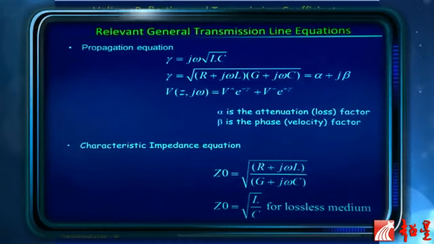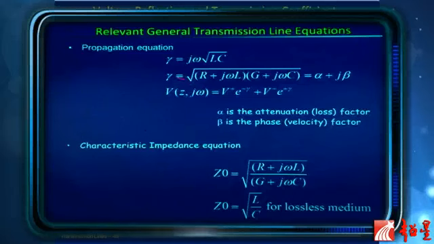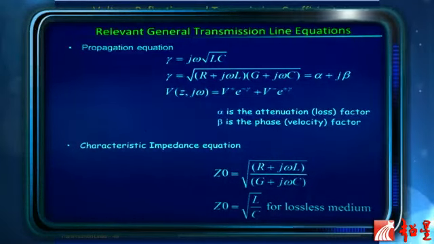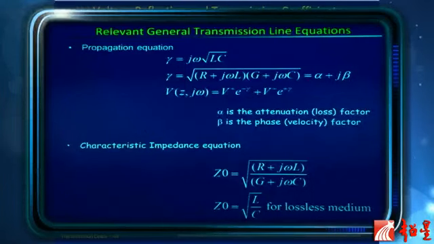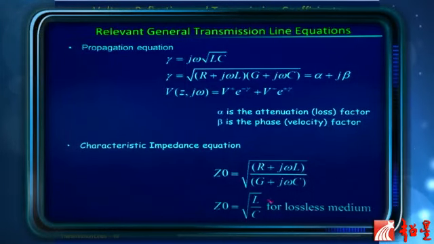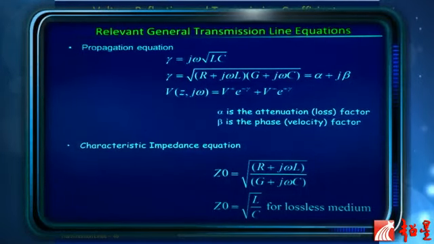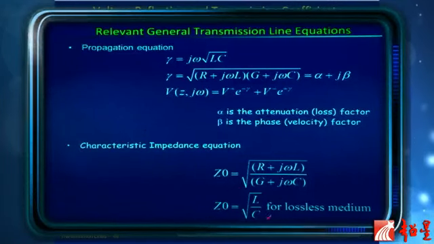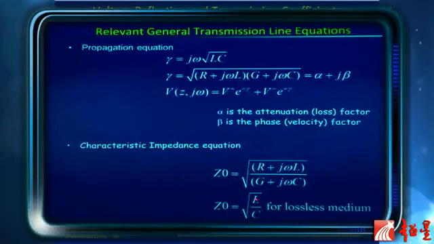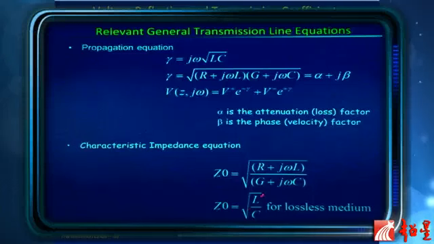If we analyze sinusoidal waveforms, this is the phasor form. Then we have all these parameters, but one thing we assume is that the line is lossless, so we don't have R and G. There are lossy transmission line representations. So the characteristic impedance is the square root of L over C, which makes everything very simple.